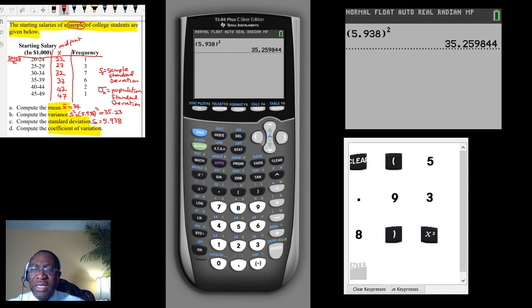Now finally, one may ask, what is the coefficient of variation? The coefficient of variation is the standard deviation divided by the mean. Now we know the standard deviation is 5.938, and the mean happened to be 34.